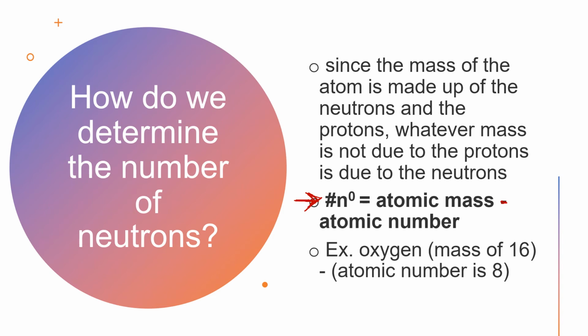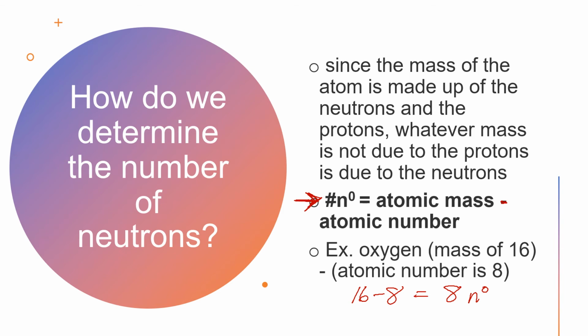So if we know, you've already told me, that oxygen has a mass of 16, the atomic number is 8. So the 16 minus 8 will give me 8 neutrons. Okay, so oxygen has 8 neutrons in its nucleus.